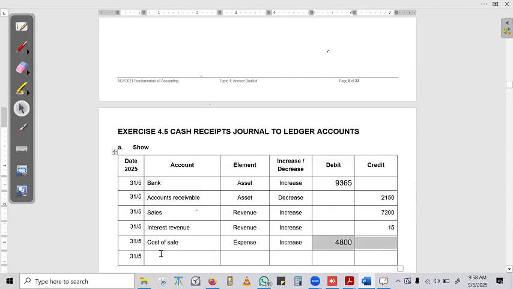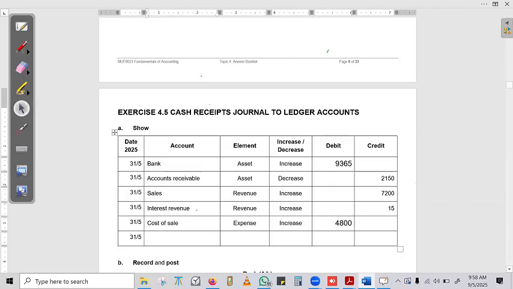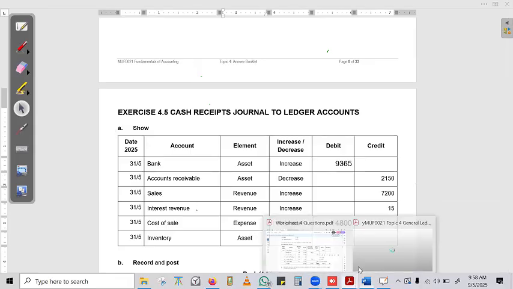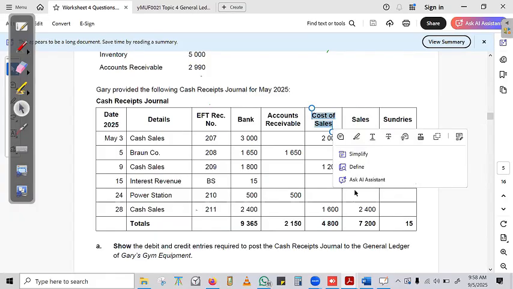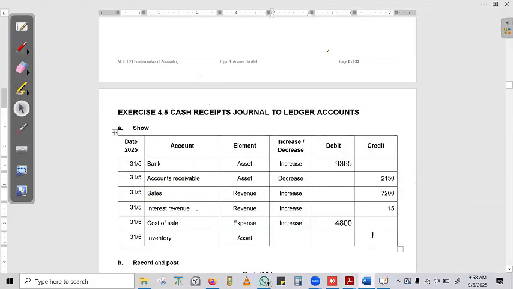We need to enter inventory because without inventory it's not complete, right? Cost of sales always goes with inventory, always, right? So inventory is an asset, and this is a sale. This is a cost of sales, right? We have sales here. We have a sales column. This is the cost of that sale. So when you have a sale, inventory will decrease, right?